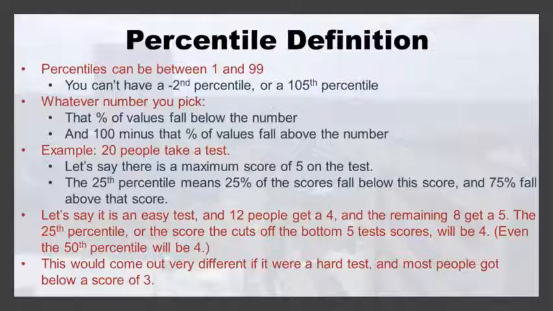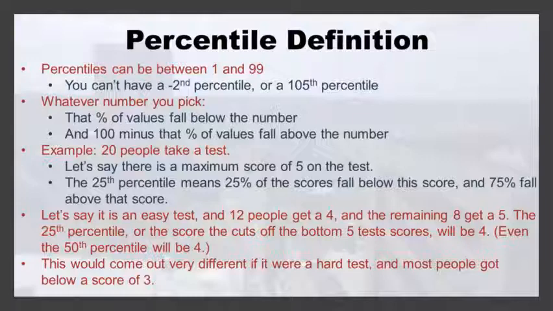Like in that previous example, the 77th percentile: if the percentile you're looking at is 77, that means 77 percent of the values will fall below that number.